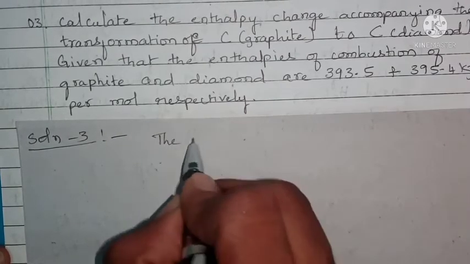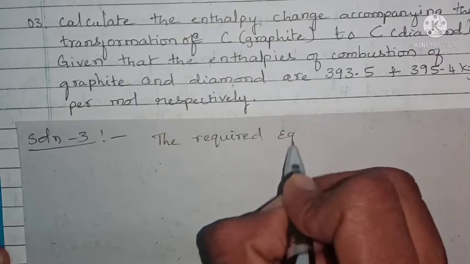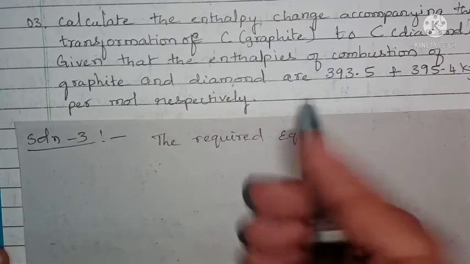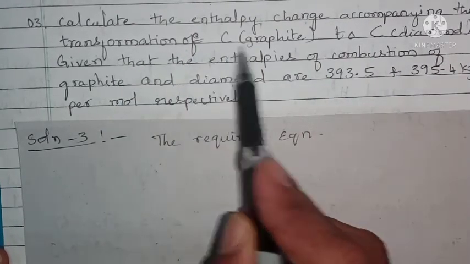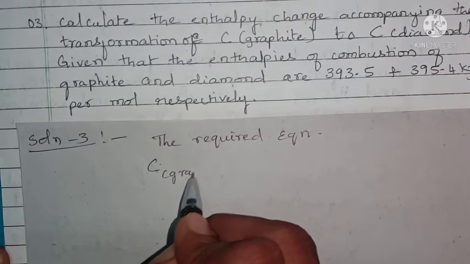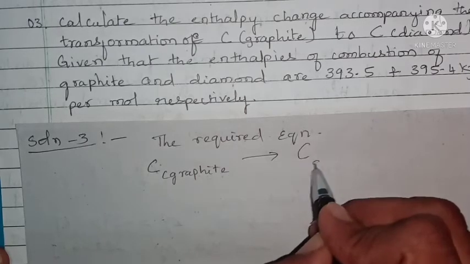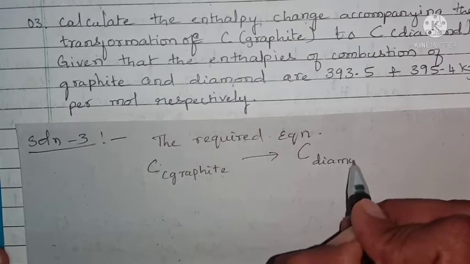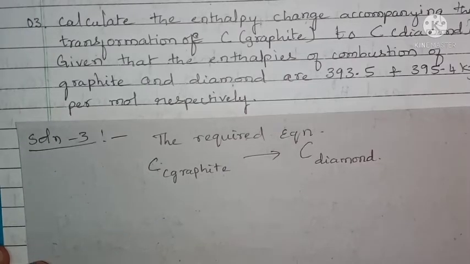What is the required equation? The change accompanying the transformation of graphite to diamond, that is carbon graphite to carbon diamond. During this conversion, how much heat energy is involved, I have to calculate.